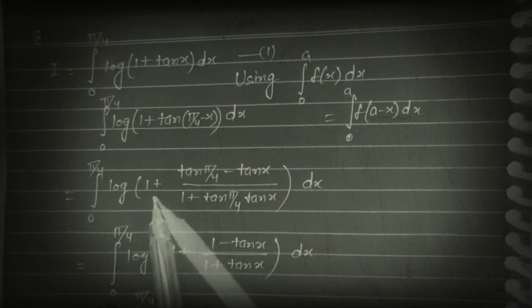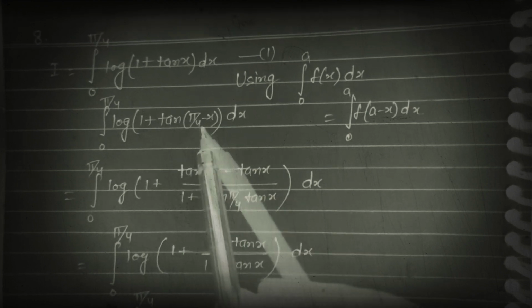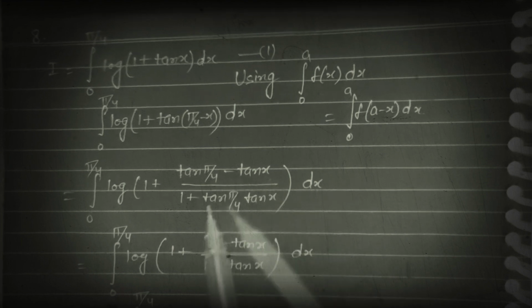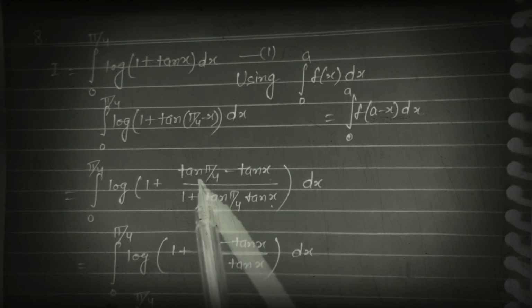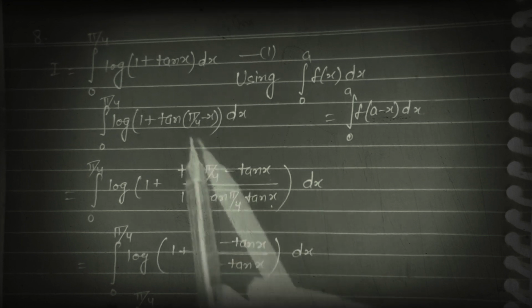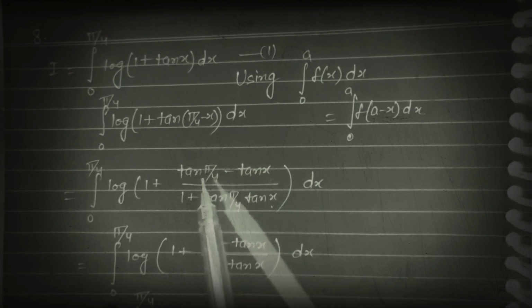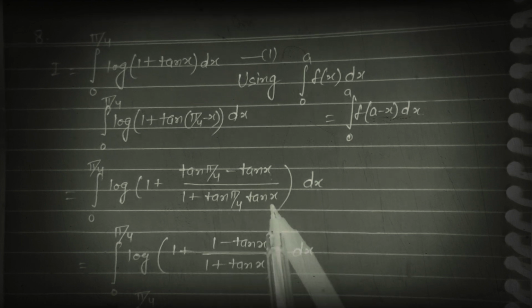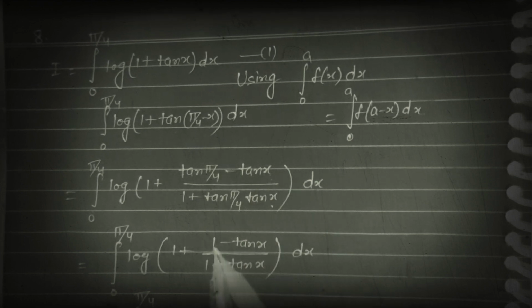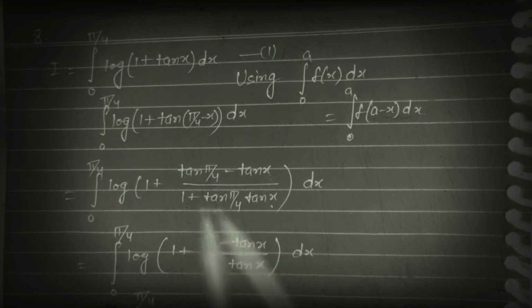So it is log of 1 plus tangent (pi by 4 minus x), which is tangent pi by 4 minus tangent x upon 1 plus tangent pi by 4 into tangent x, using the tangent a minus b formula. And tangent pi by 4 is 1. So it is 1 minus tangent x upon 1 plus tangent x.